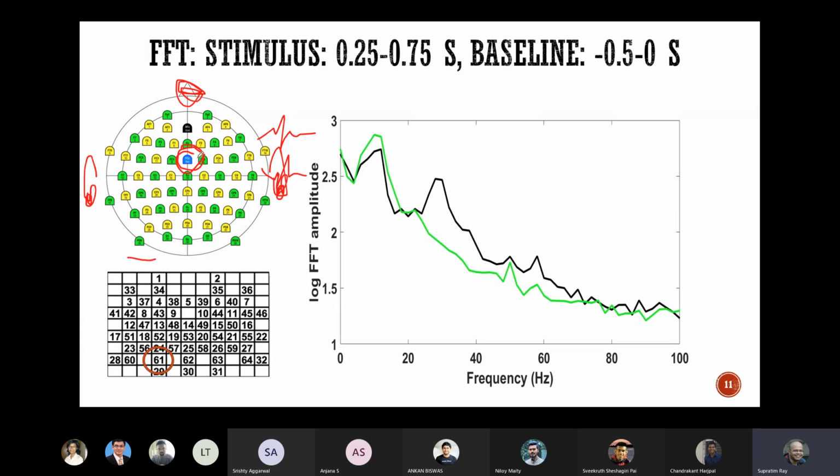So the problem is that when the reference electrode becomes too far away from where the activity is, there is more noise, because if there is some noise being captured, this is again the line noise, not the true signal.